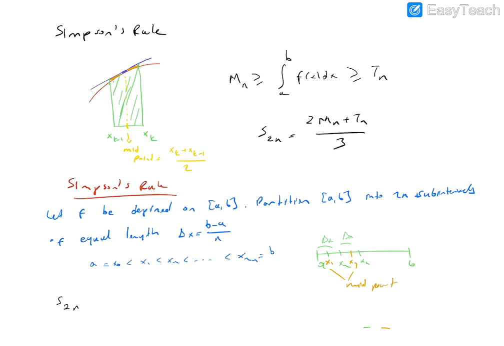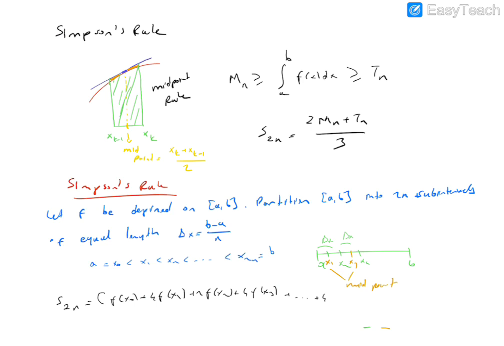So by using this formula, we define the Simpson rule. I'm sorry, this is the midpoint rule, and the Simpson rule is this summation. So S of 2n is this formula: f of x0 plus 4 times f of x1 plus 2 times f of x2 plus 4 times f of x3, 1, 4, 2, 4, okay?